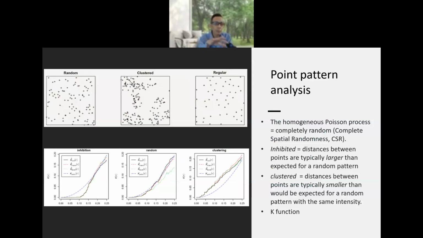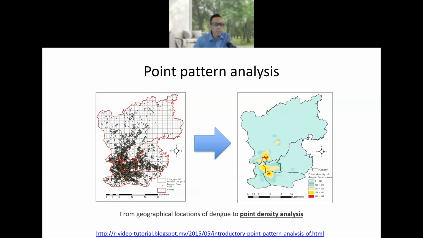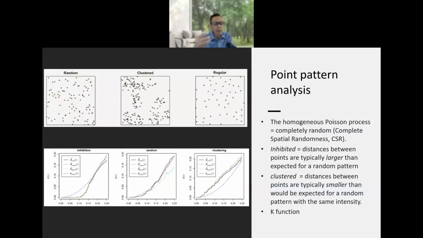You can also study the pattern of the points. You see these points, dot dot dot. Why do those points happen? Does it happen by random? If it happens by random, it will follow the homogeneous Poisson process.